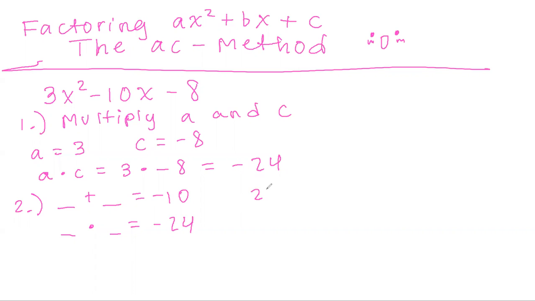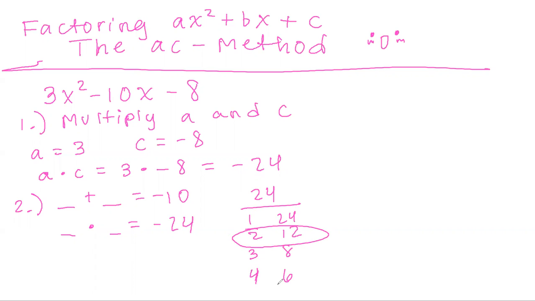So it helps if I look at the pairs for 24. So 1 and 24, 2 and 12, 3 and 8, and 4 and 6. And it seems that we could probably work with 2 and 12. The reason for that is because I just need one of them to be negative, but not both.